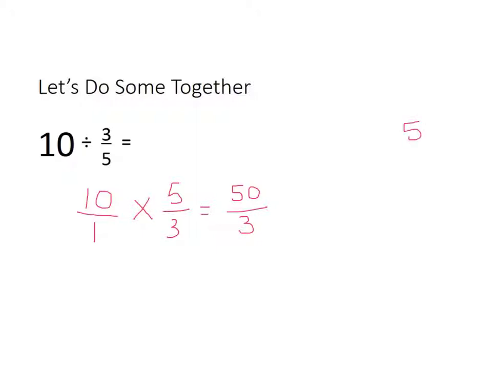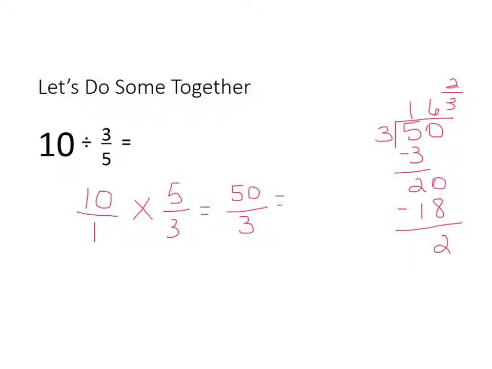In other words, we need to take 50 divided by 3. 3 goes into 5 one time. Subtract, bring down. 3 goes into 20 six times, which is 18. Subtract. Now your remainder becomes your numerator and your denominator is your divisor. So it would be 16 2/3.